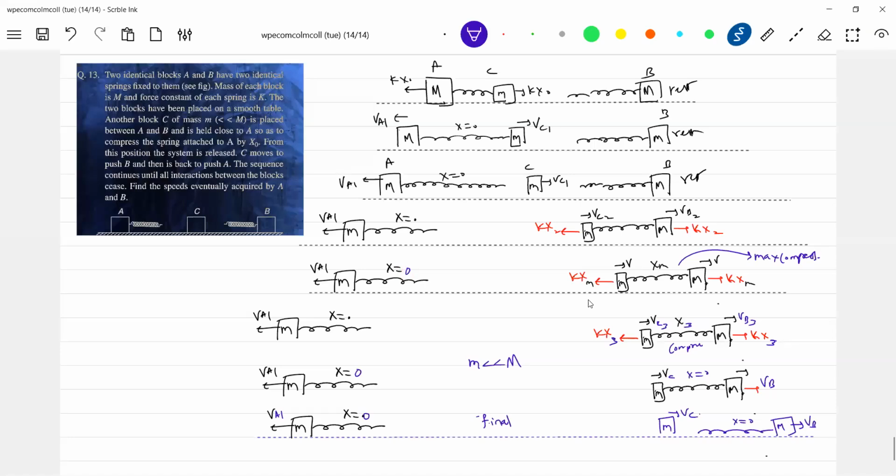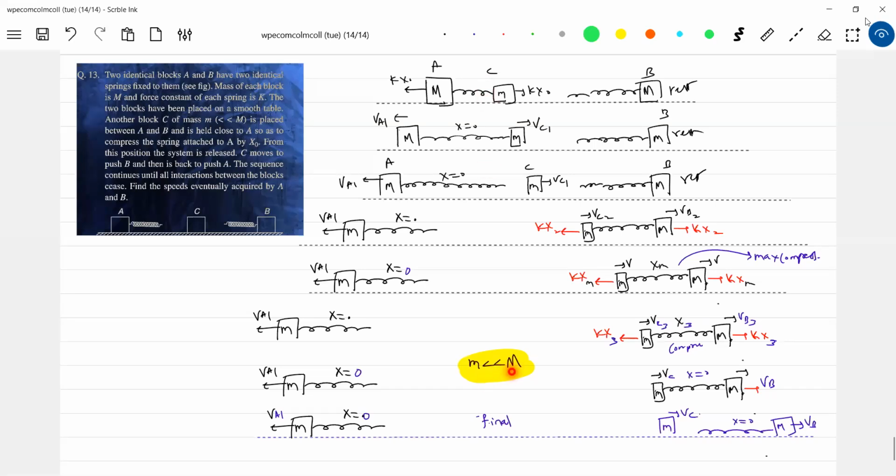Or is it only one time the block will come in contact with the block B? Or now only after this again, this will never come here? This is what naturally we'll try to think. But try to take help of this from the beginning only. Then only you'll be on safer side.